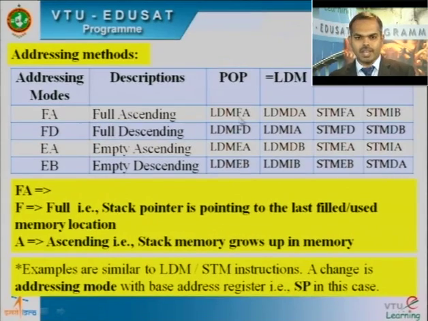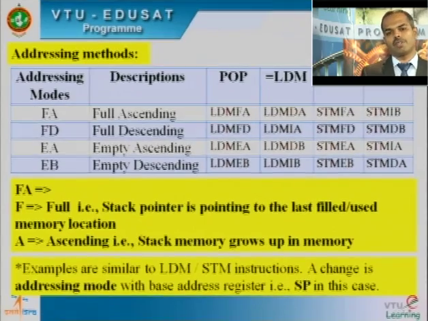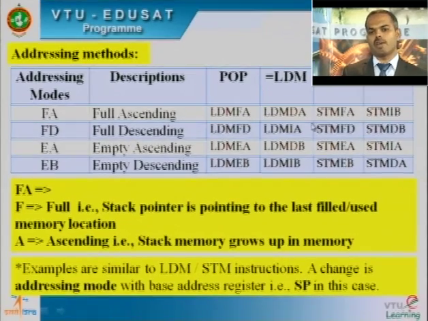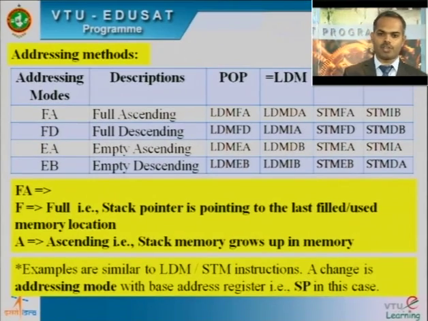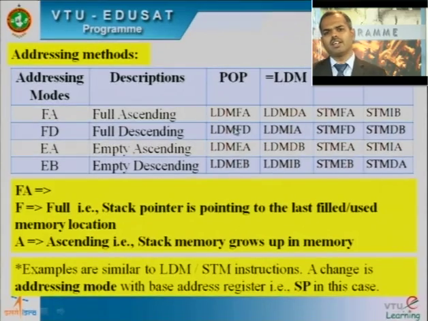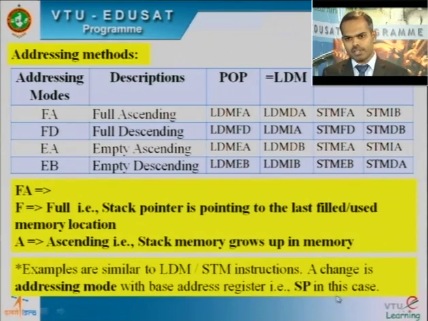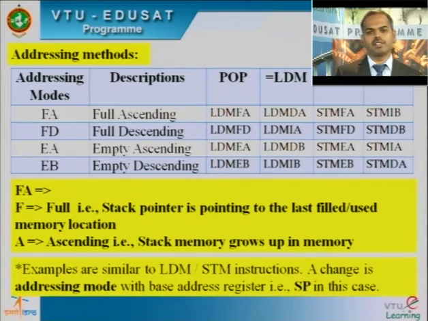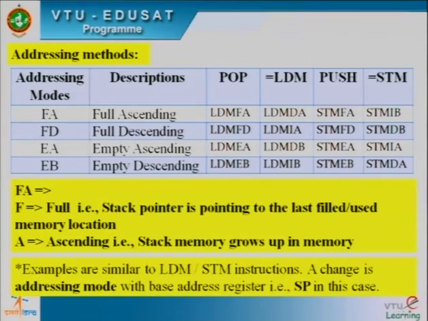If it is FA here, that means it is a stack operation. If it is DA here, it is a normal memory, normal RAM location. What is the change between these instructions and the stack instructions? Only the addressing mode, and the base register here is always the stack pointer. The rest of the things will remain the same as for LDM and STM.